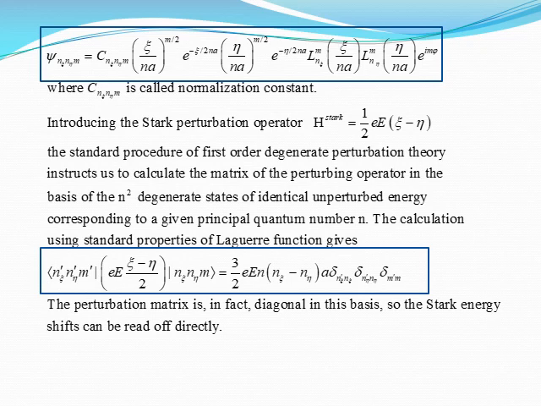The calculation using standard properties of Laguerre functions gives the perturbation matrix as equal to 3 upon 2 small e capital E n bracket n xi minus n eta into a into delta n dash xi n xi into delta n dash eta n eta into delta m dash m. The perturbation matrix is in fact diagonal in this basis, so the Stark energy shifts can be read off directly.